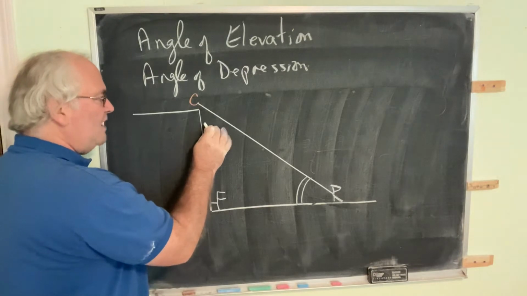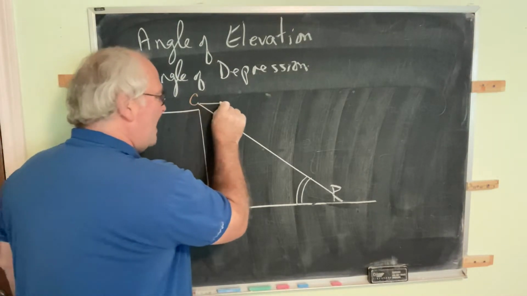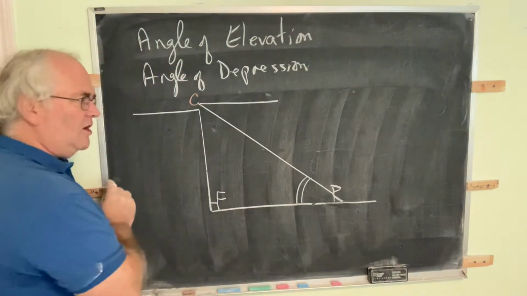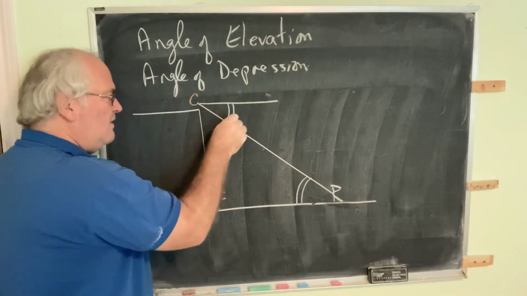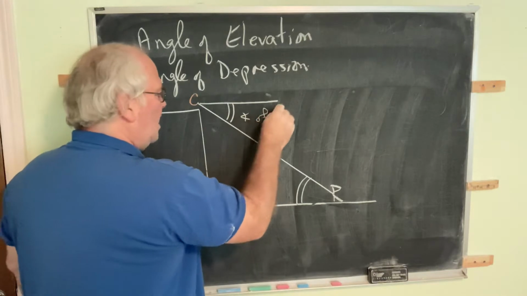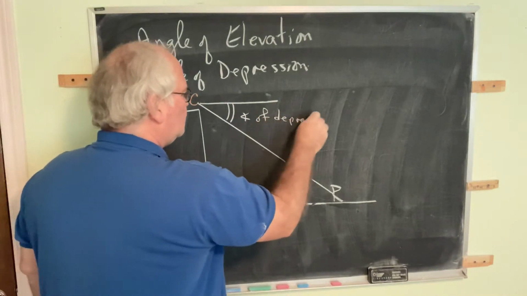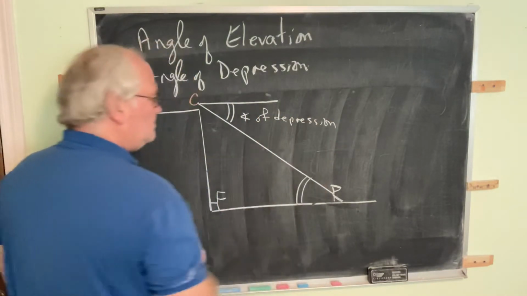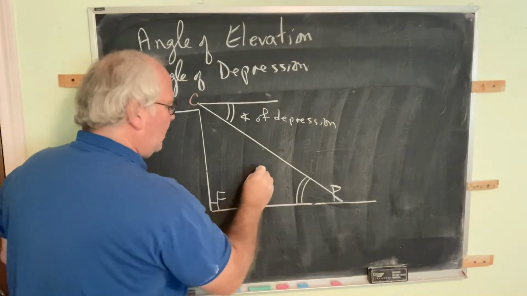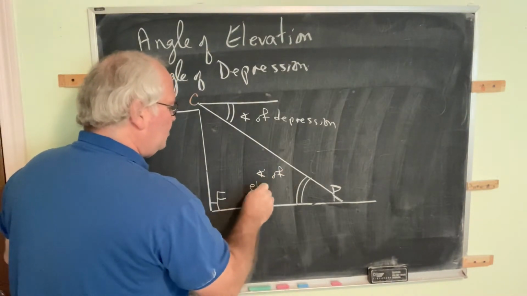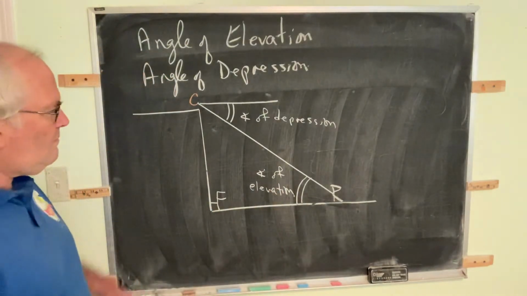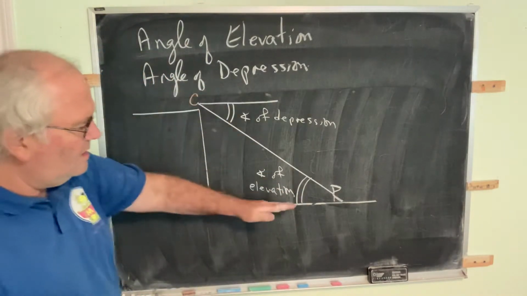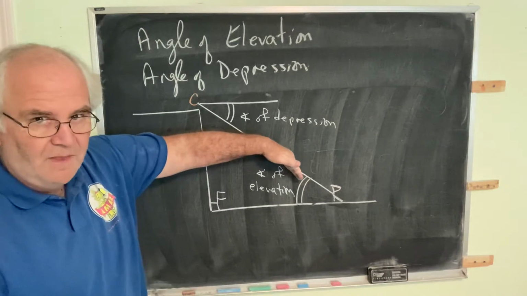You need to supply an extra line in the figure. The angle of depression is here. This is the angle of depression. This is the angle of elevation. Measured against the horizontal, measured against the horizontal.